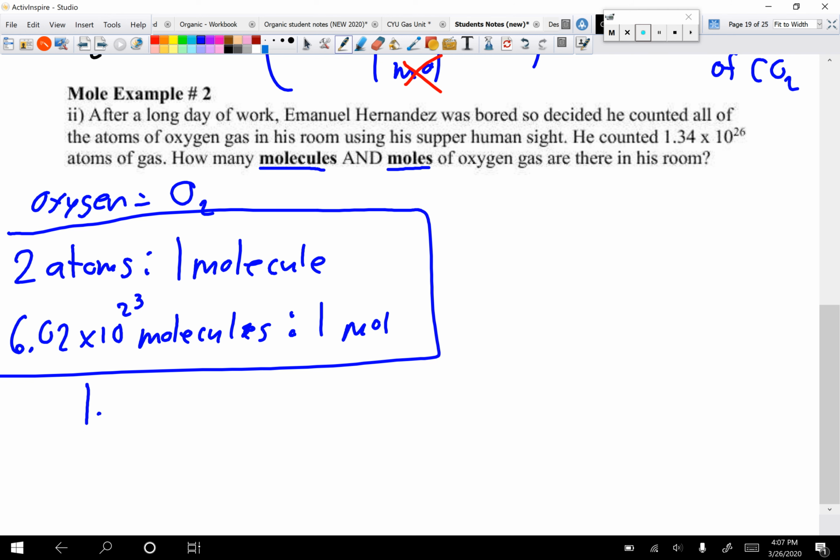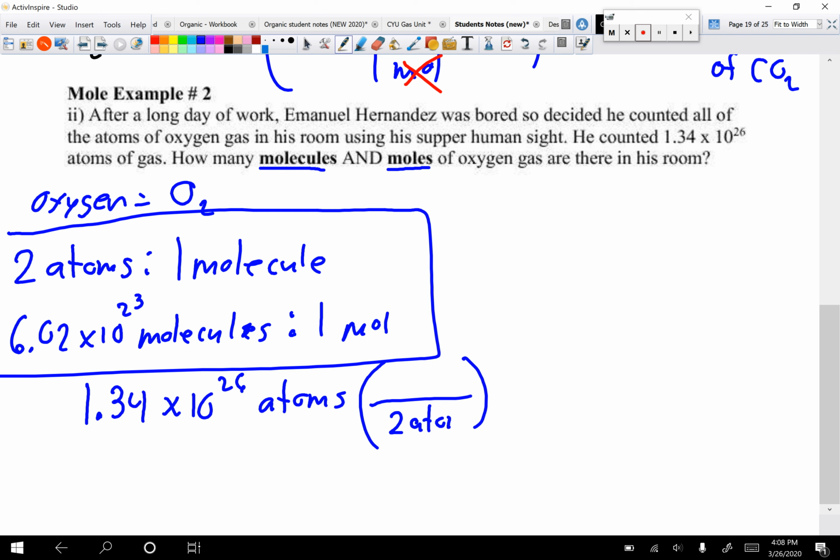So if we know that there's 1.34 times 10 to the power of 26 atoms of oxygen he counted, so our conversion factor, there's 2 atoms for every 1 molecule.